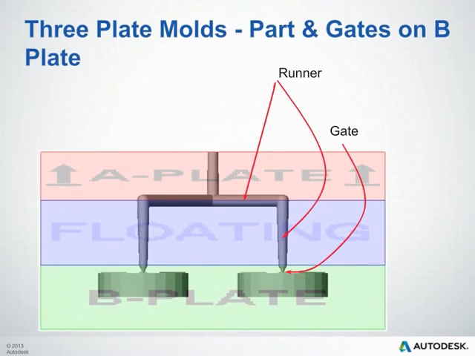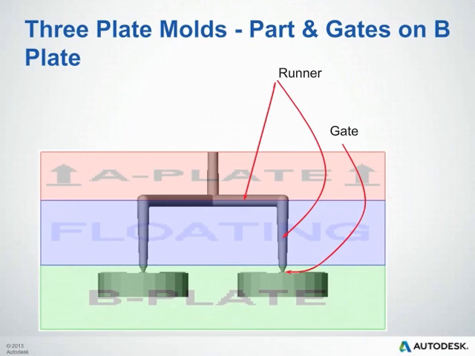This is the third way I typically see people model 3-plate molds in Advisor, where the part and gates go on the B-plate. In this case, you can see the clear advantage is that we can capture 2 degrees of taper on our drop. So we specify a parting line slightly above our part surface there. The injection location runs, or the gate runs from the injection location to this parting line to define that first taper at our nozzle.